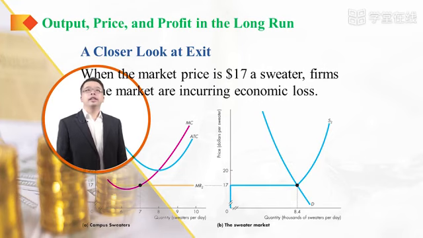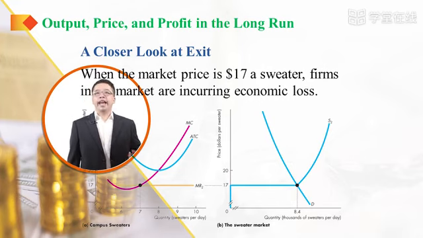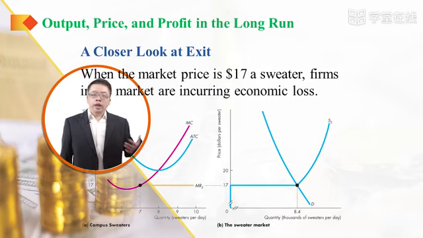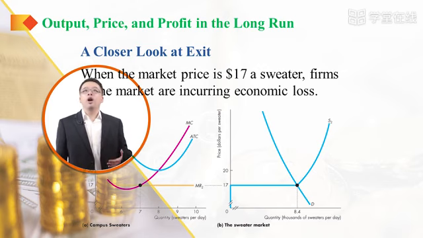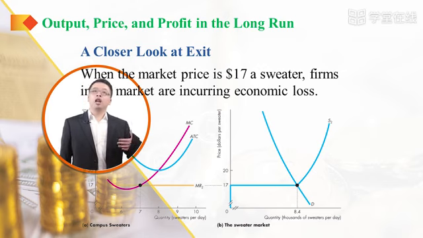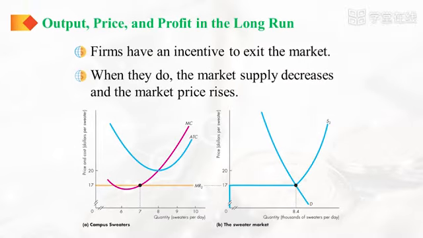Then we are going to take a look at exit. For example, originally, when the market price is $17 per sweater, we know that it's lower than the average total cost, so firms are suffering a loss. In that case, firms have an incentive to exit the market.